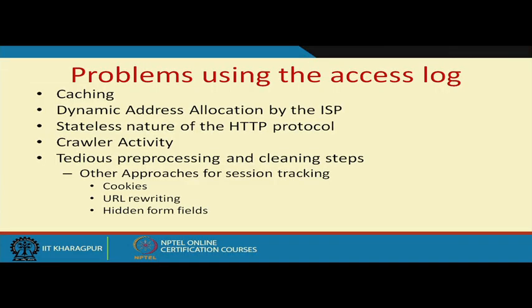Then you have crawler activities. In fact, last class we saw that crawlers are software agents or soft bots that will be sent from search engines and other such, let us say, advertising agencies, to your own company server.